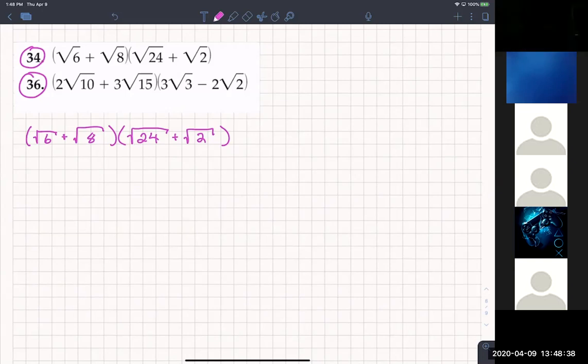Okay, so what do we do first? Okay, next problem. So what do we do? How do we multiply these two binomial radicals?